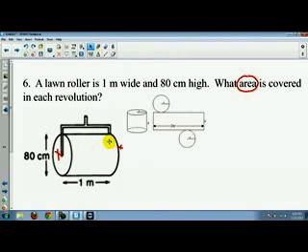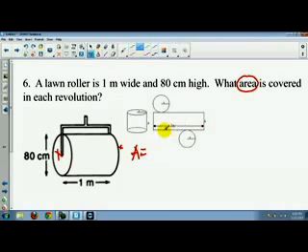And to find the area of the rectangle, which represents the part that touches the ground, area is equal to length times width.